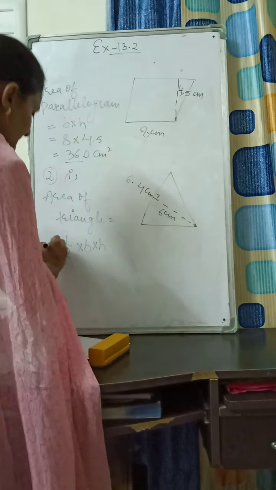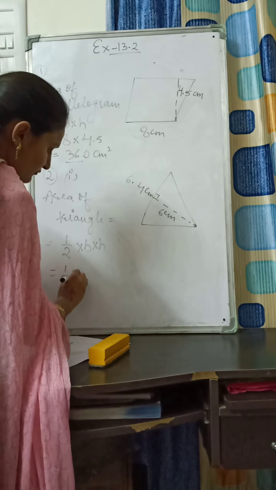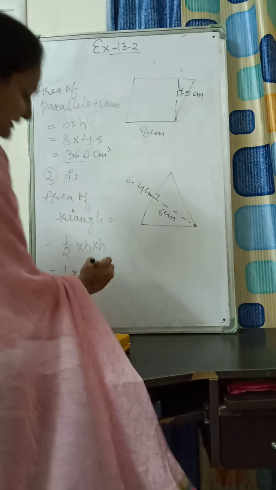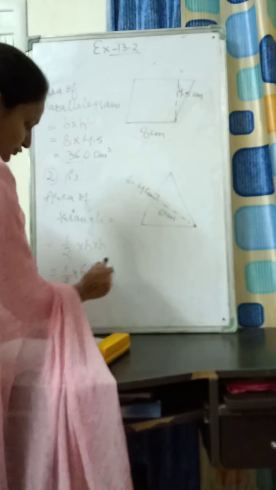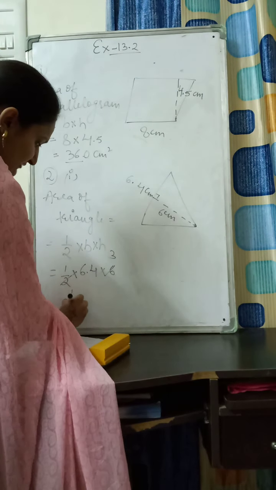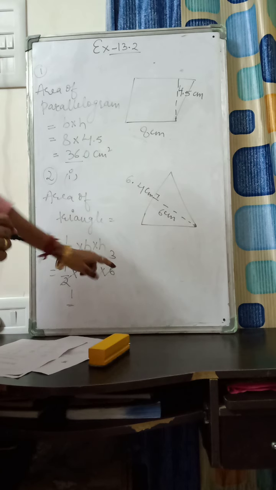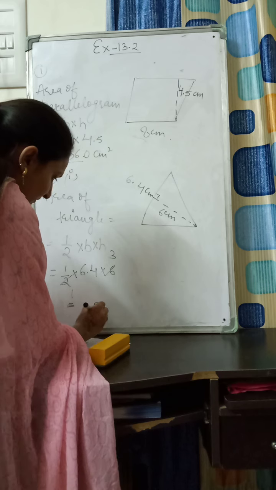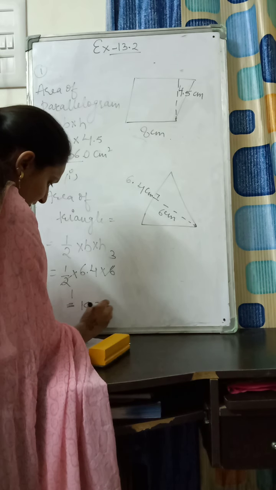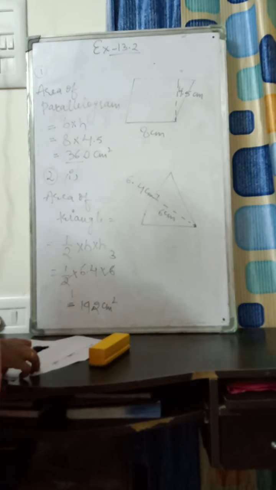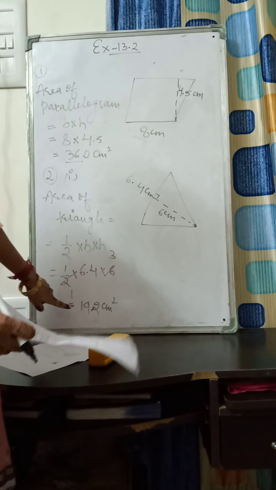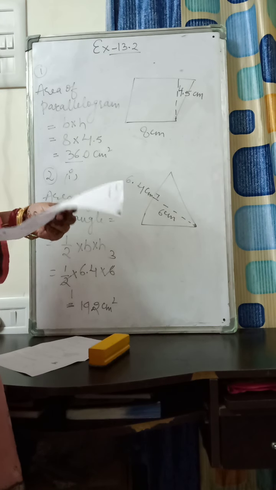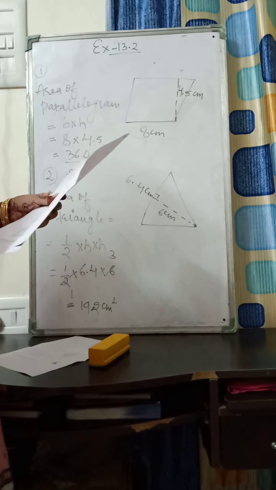So here, half of base, that is 6.4, into height, that is 6. Here 2 ones are 2, 2 threes are 6, and when we multiply 6.4 with 3, we get 19.2 centimeter square. So this is the area of this triangle. In the same way, we can find the area of the other two triangles.